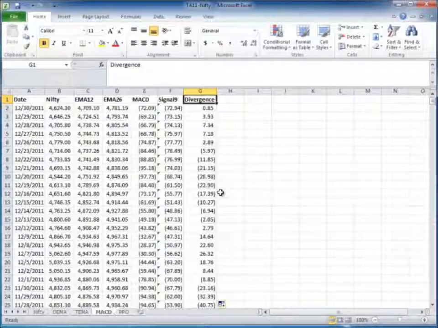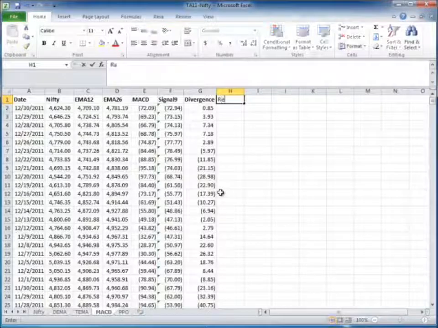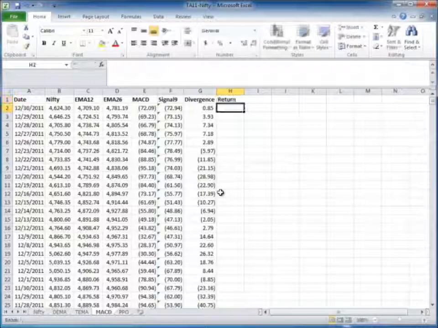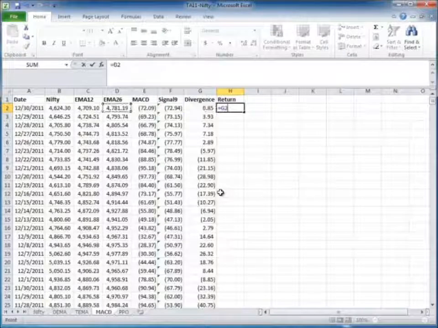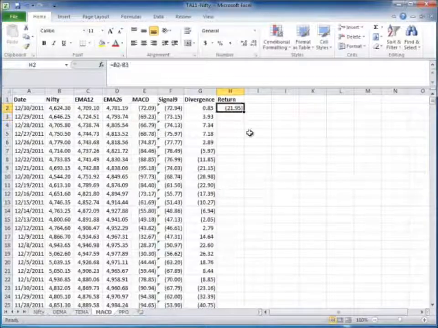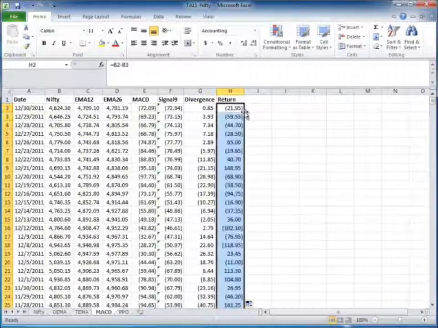Okay? So first we'll do something similar to what we did before. We'll actually just calculate the absolute returns on the index. So the return for the Nifty index is simply going to be equal to the most recent day minus the previous day. And this, if you remember, was what we calculated before. Alright?